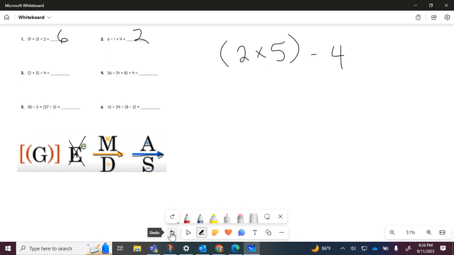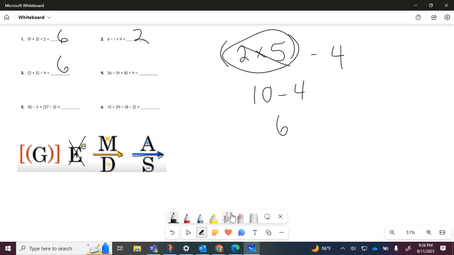So I'm doing 2 times 5 first. 2 times 5 is 10. As soon as you do this, cross it out and bring your answer down. That was my 10. Then just bring everything else down to the next line: minus 4. So that was 6 here.